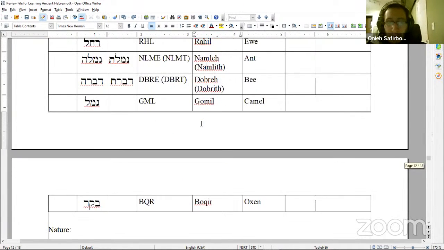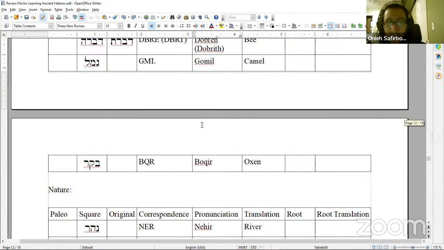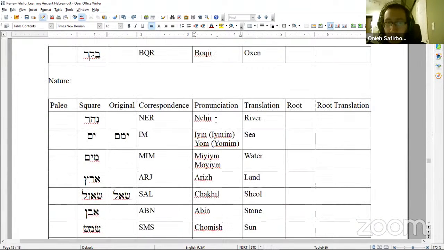Camel is Gamo, and oxen is Bakr. And for nature, we have river, Neher. Sea, we have Im, originally from Imim. Water is Miim. Land, Arish.